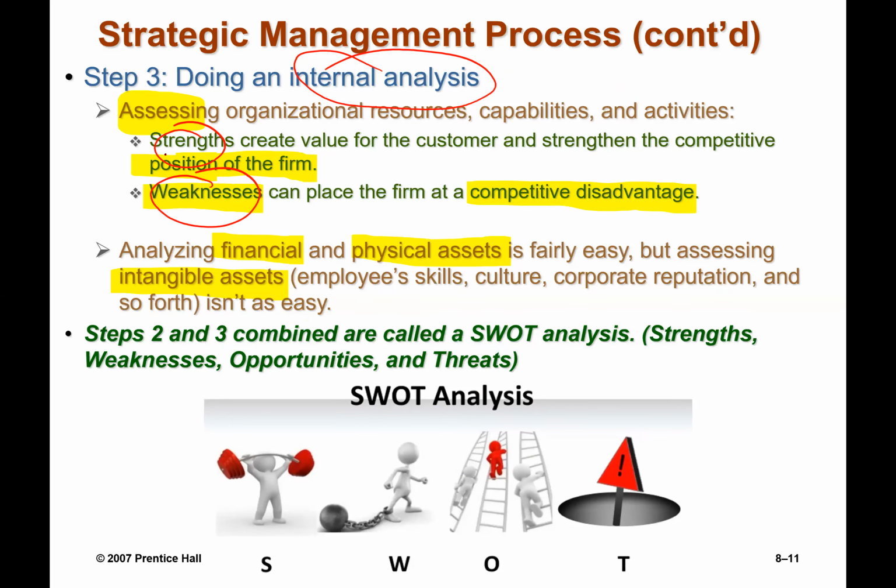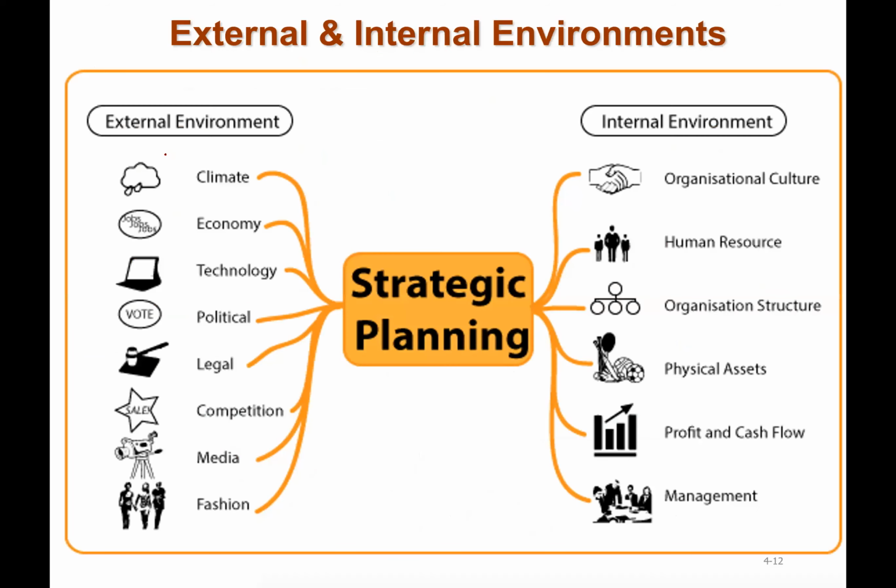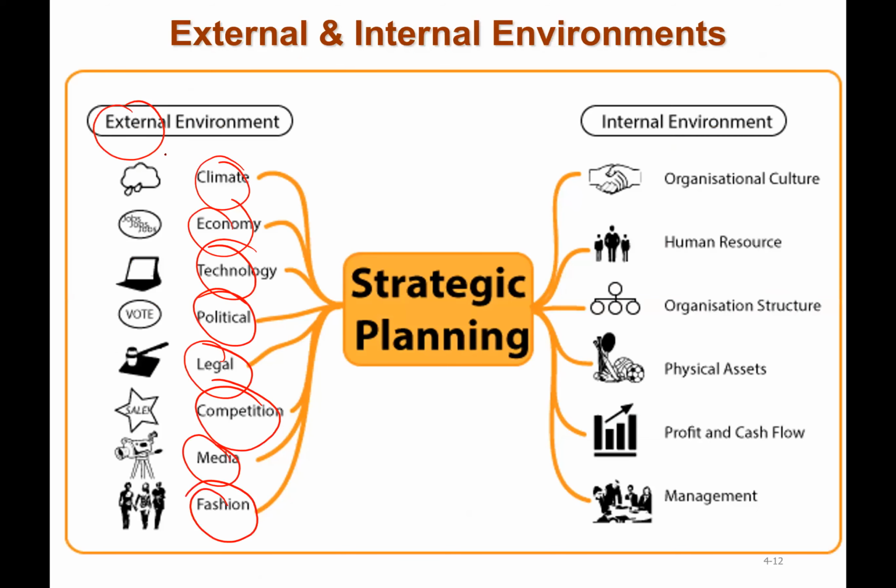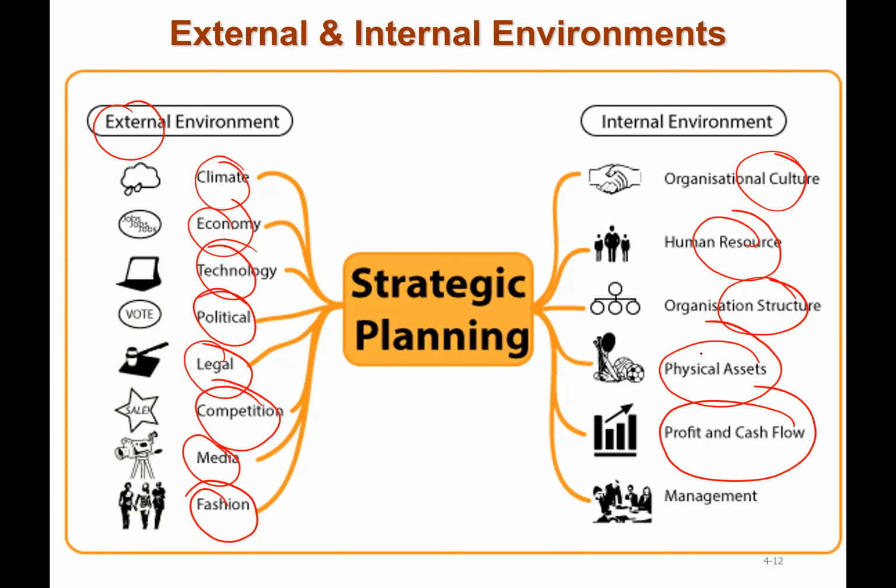In terms of your resources, capability, activities, organizational structure, etc. We can take a look at this figure here: the culture, structure, human resource, how many human resources you have, what skills your organization has, what physical assets, whether you have enough cash or financial resources, and then how about your management strength.